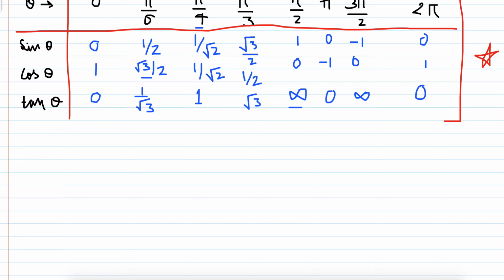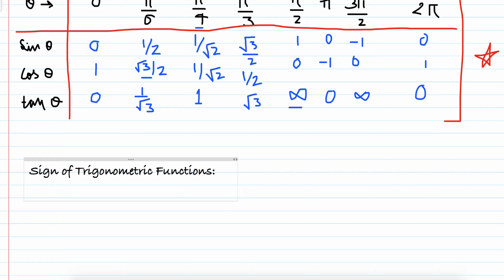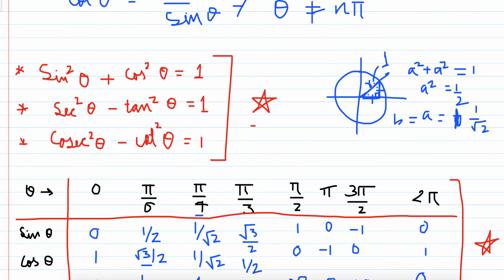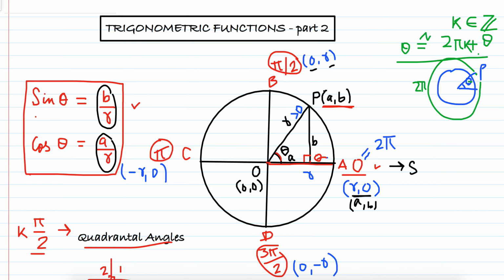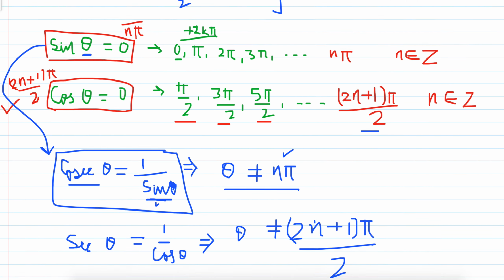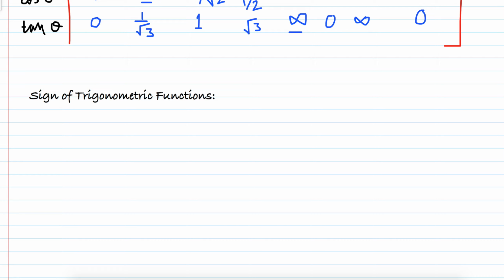So now we will see the sign of trigonometric functions. We see that these angles 0, pi by 2, pi and 3 pi by 2 divide the plane into 4 quadrants. So I will draw 4 quadrants here.